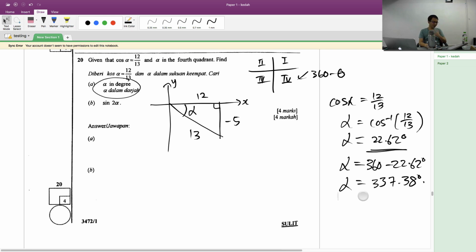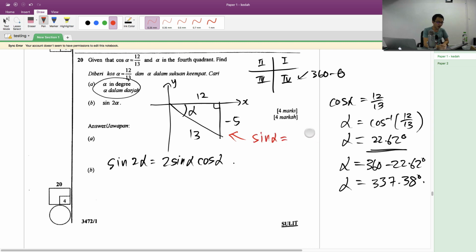Alright, then you need to do cos 2 alpha. I mean sine 2 alpha. And you know sine 2 alpha equals 2 sine alpha multiply cos alpha. We have cos alpha already, so I will get the sine alpha from this diagram. Sine is what? Opposite over hypotenuse. So O is -5, H is 13.